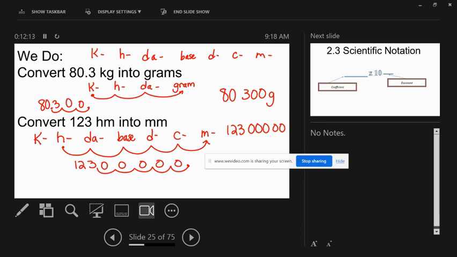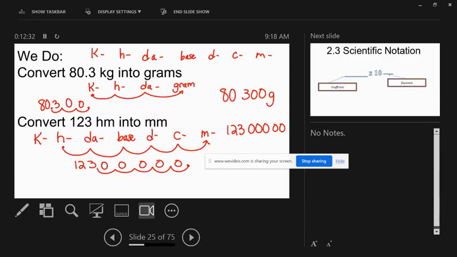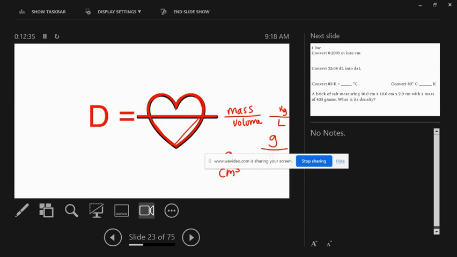Where would kilogram go into this? So kilogram would be right here, because of the K. The base unit is your G. So for that it would be kg, hg, dag, g, dg, cg, mg.